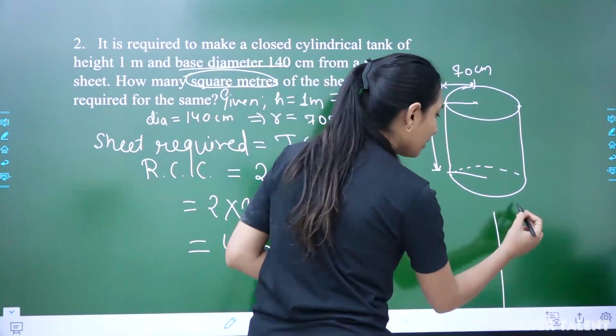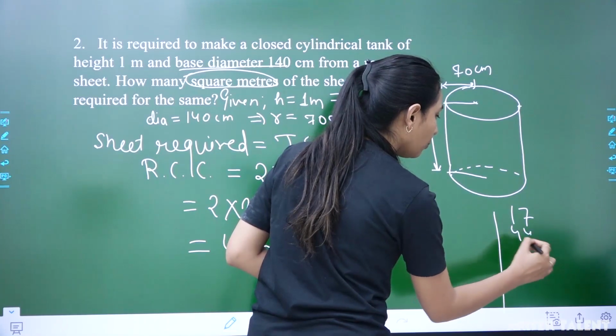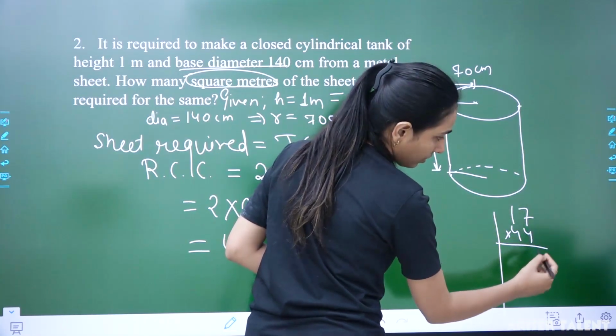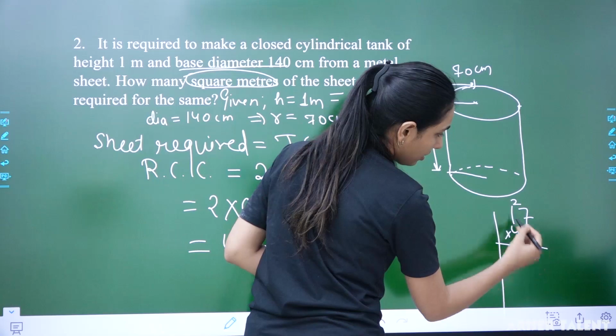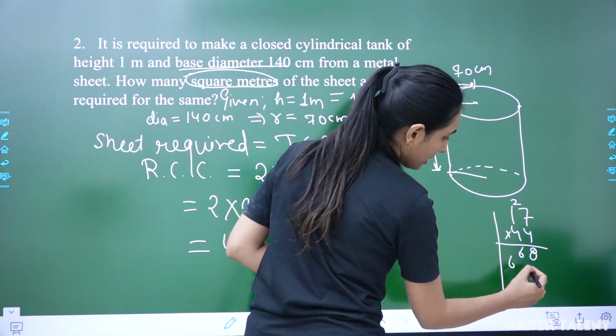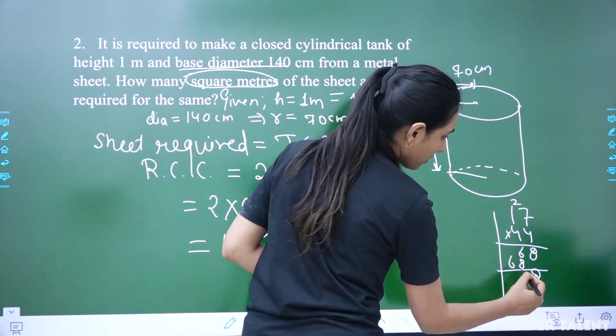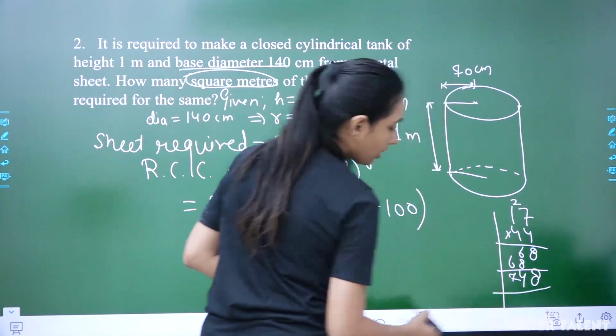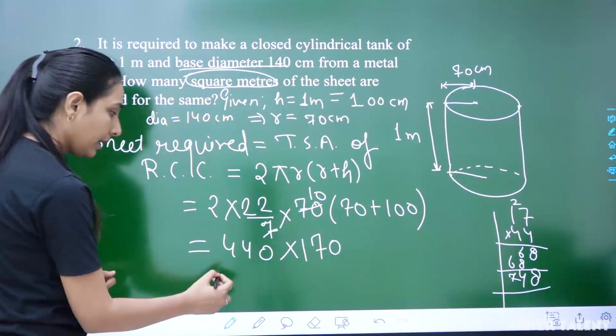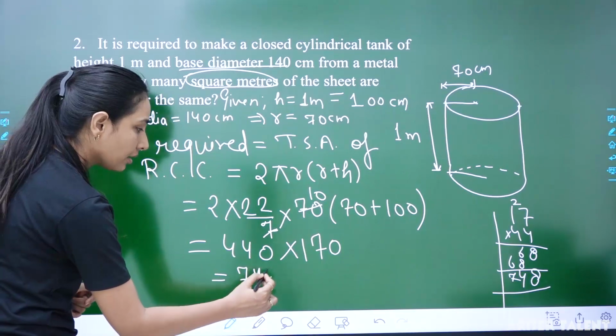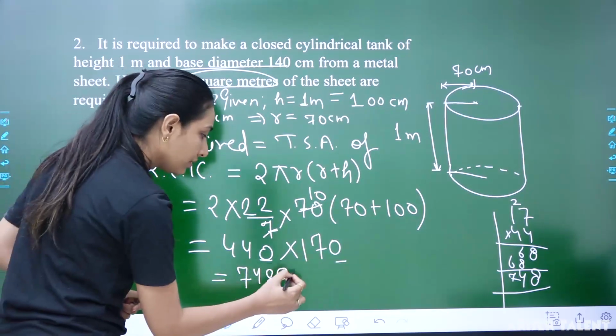You can calculate it here, 4, 28, 6, 68 again, 748. So 748 and these two zeros here.